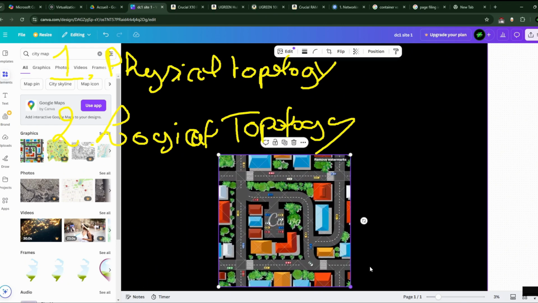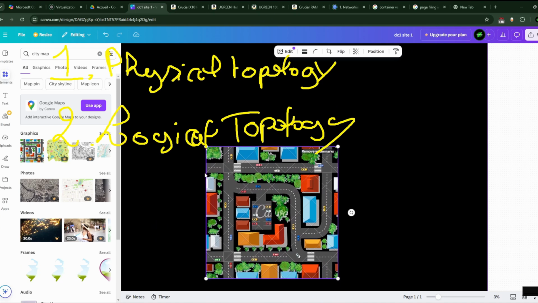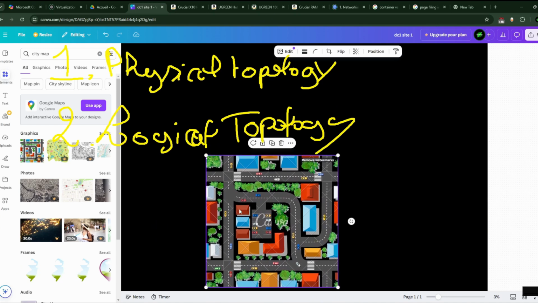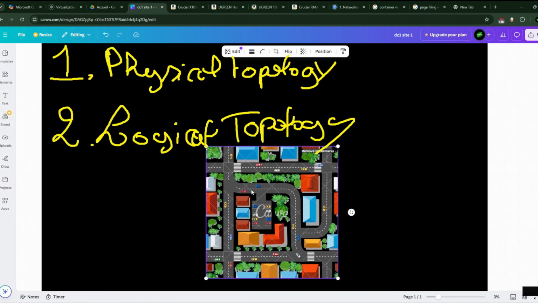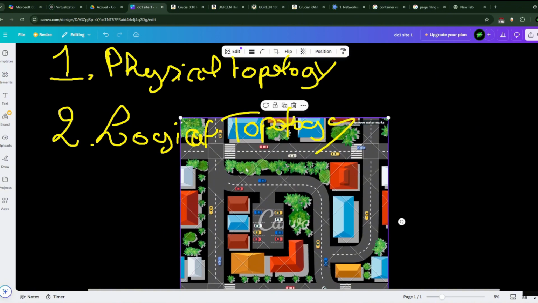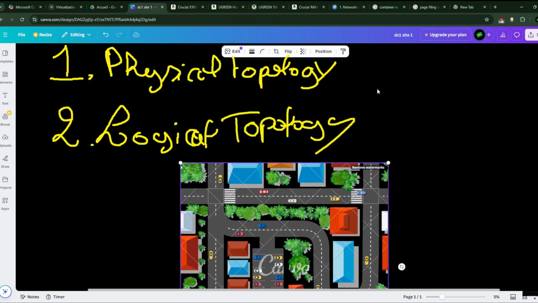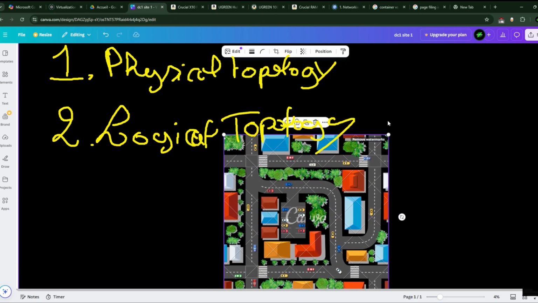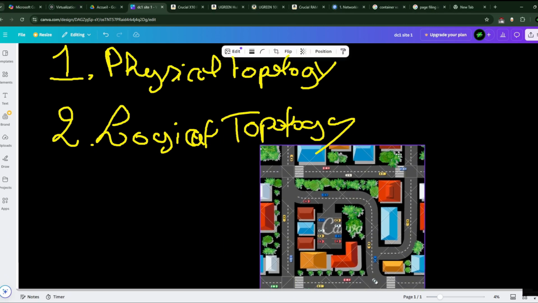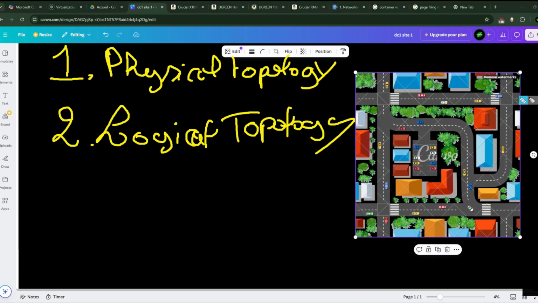So look guys, what you see here is the actual physical topology. Here you have the physical topology.